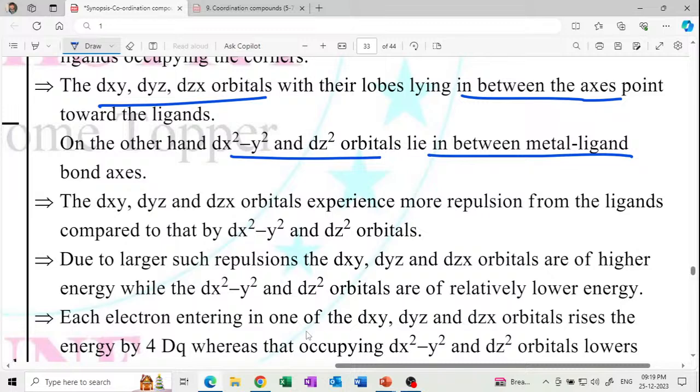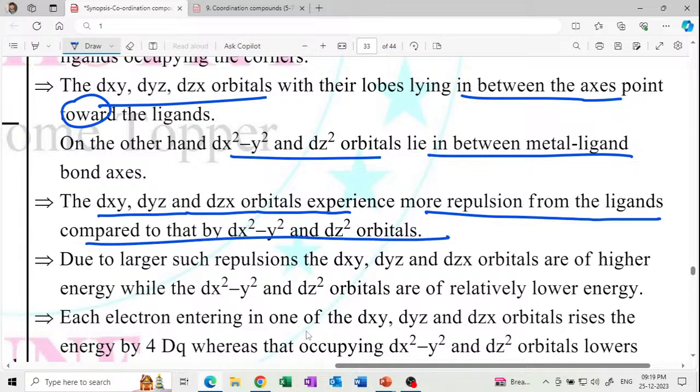Toward the ligands. So the dxy, xz, yz orbitals experience more repulsion. This is a very important point. The dxy, xz, yz orbitals experience more repulsion than this orbital.